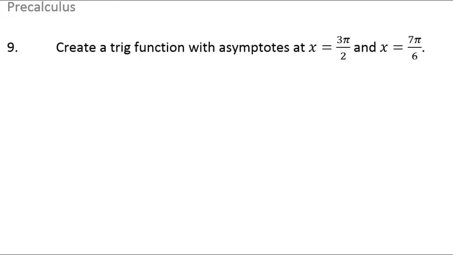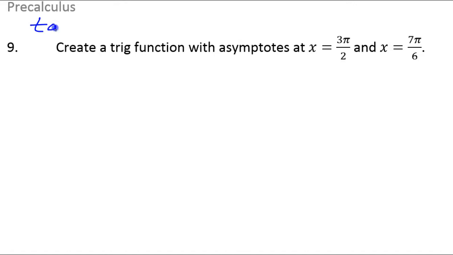Alright, in this video I'm going to show you how to create a trig function that has the given vertical asymptotes. Now, there are only 4 trig functions that we've talked about that will have vertical asymptotes.